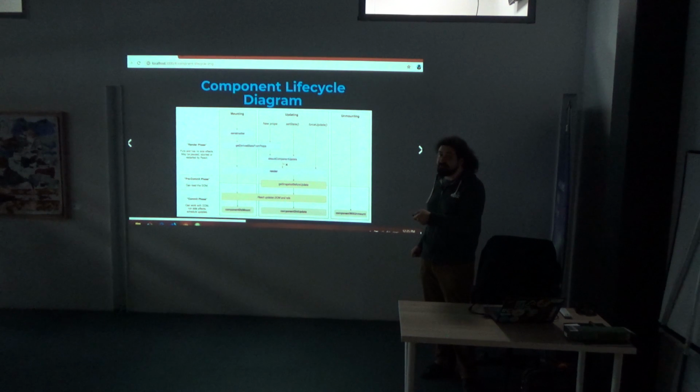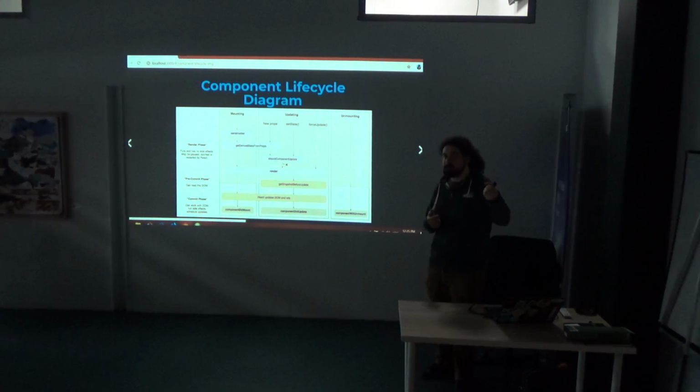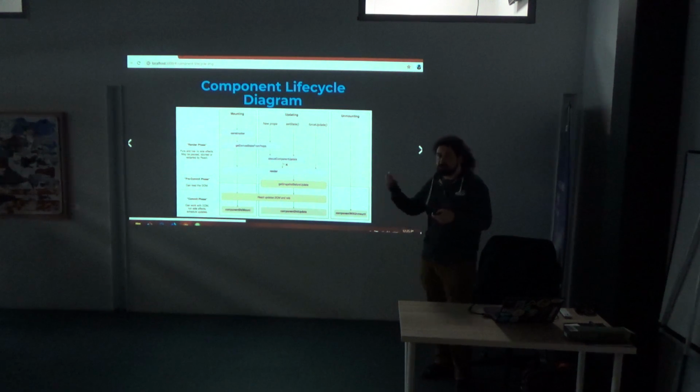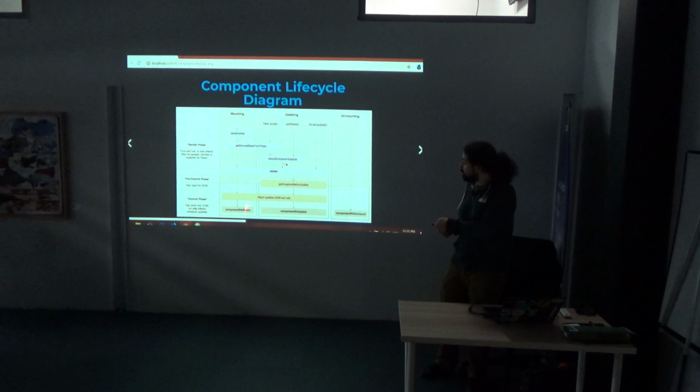And in the pre-commit phase, in getSnapshotBeforeUpdate, React allows you to capture some state from the actual DOM. Say you've been scrolling and you want to capture your scroll position. This is the right place to do that. You want to capture something from the original DOM and later reuse it in your component. And then again, we have componentDidMount, componentDidUpdate, and componentWillUnmount.